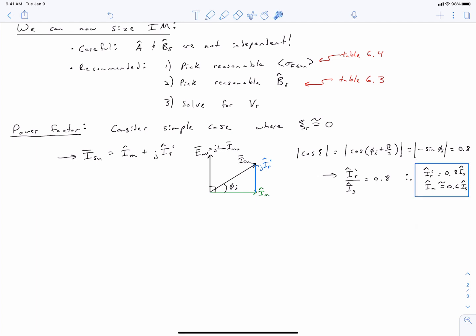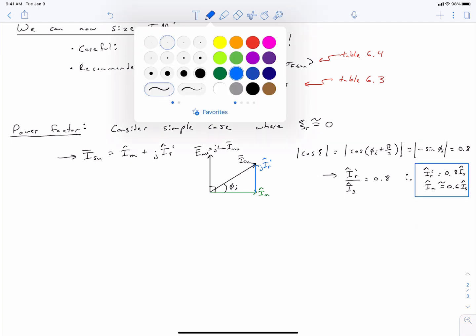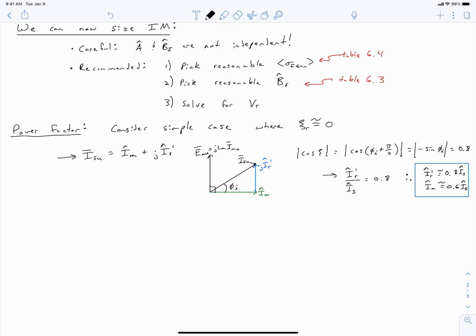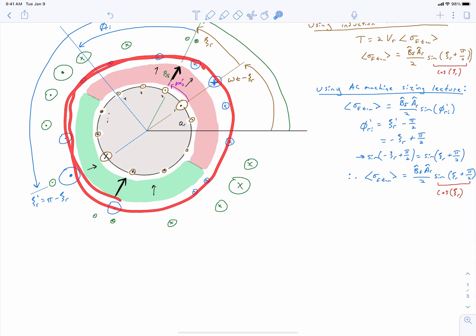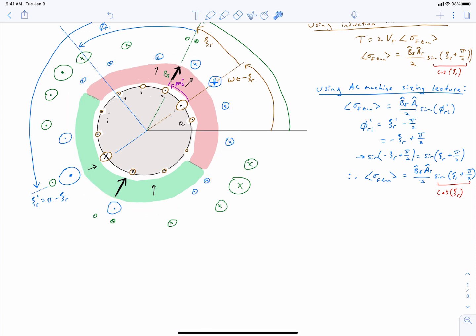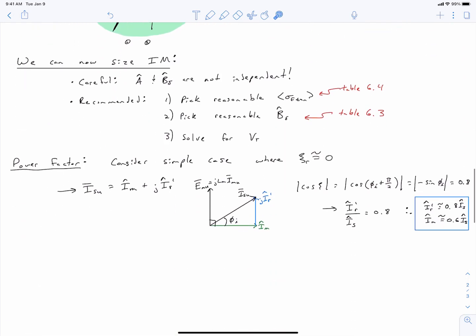And this gives us a guideline here that in a typical induction machine, we expect that under rated currents, about 80% of the magnitude of our stator phase current is going to be used to create torque, right? That is the current component that we see in the air gap here. This blue current component we see up here, which creates torque. And if zeta r equals 0, it's used in a maximum torque per ampere type of mode.